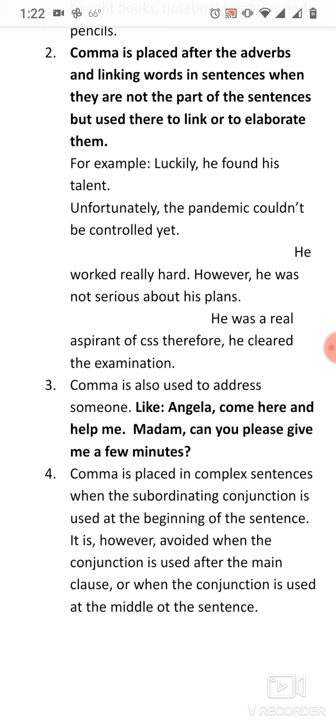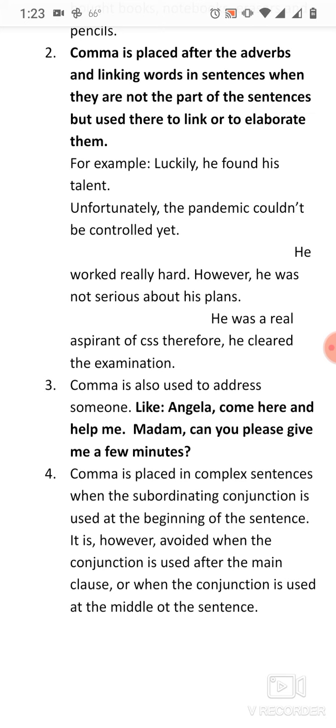The fourth usage of comma is in complex sentences when the subordinating conjunction is placed at the beginning of the sentence. For example, because it rained heavily, we cancelled the picnic. Now, because is the subordinating conjunction.